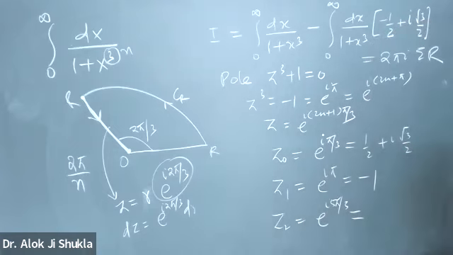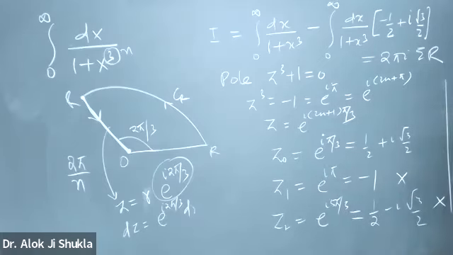Half minus i root 3 by 2. So this and this will not be entertained. So luckily we have only one pole. So let us go for that. Is this clear to everyone, this process? Yes, sir.